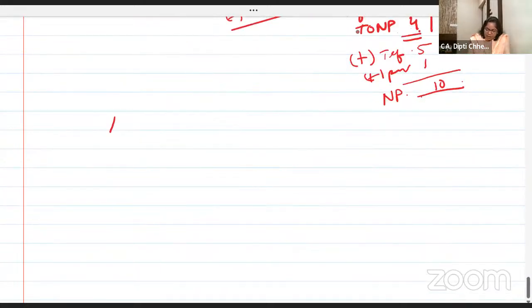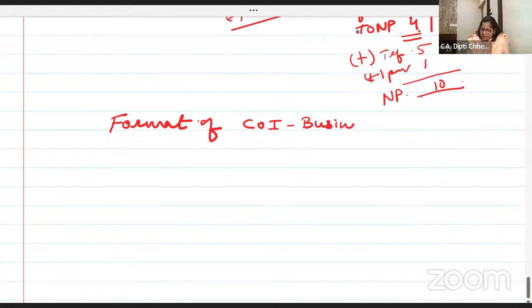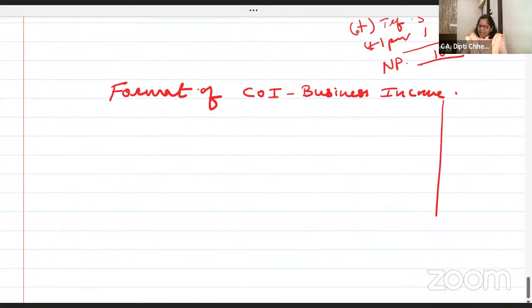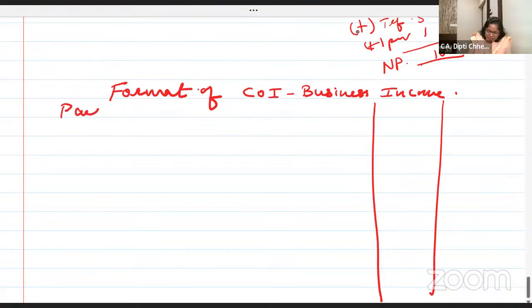No? Then write down. I am giving you the format of computation of income. Which income? Business income. I'm not computing house property. If someone wakes you from sleep and asks, ma'am, house property? Or what did Deepti ma'am teach you? GAV, municipal taxes, NAV. We have learned that on some basis. Like that we will learn this also.